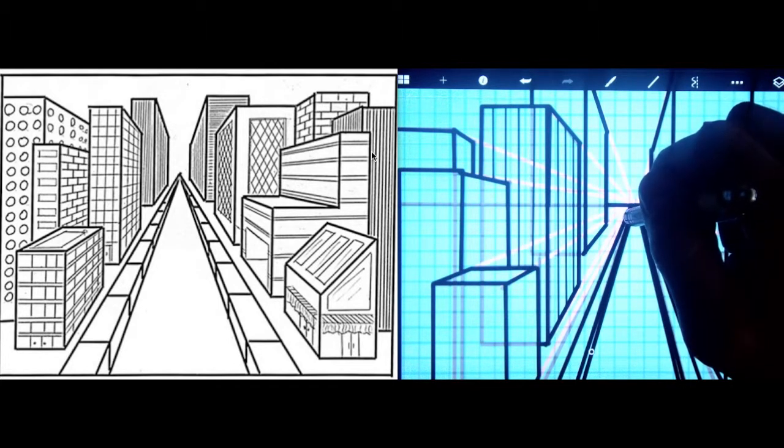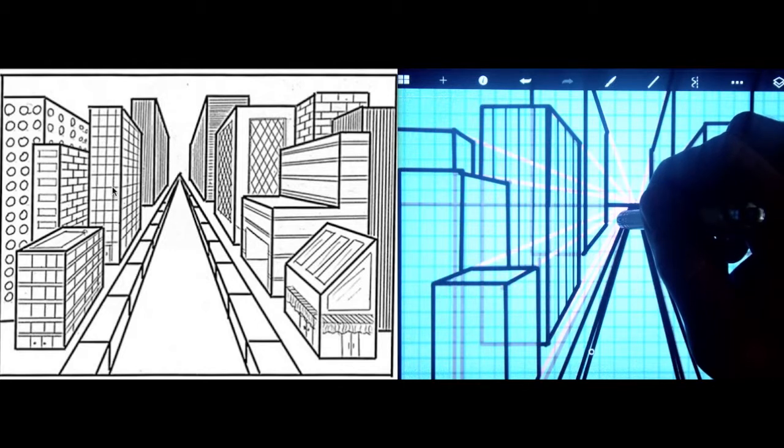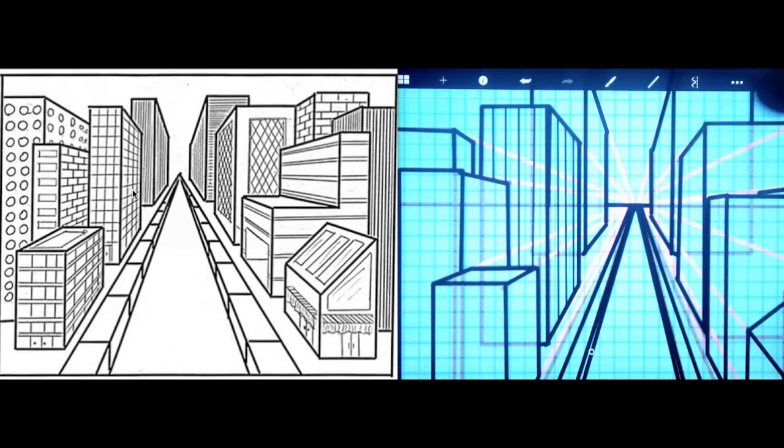Looks like we're going to need some more lines of perspective to help us get all of these lines that run horizontal on the side of the building. So let's do this. Let's add more vertical lines. I'm going to add the vertical lines on this building right over here.